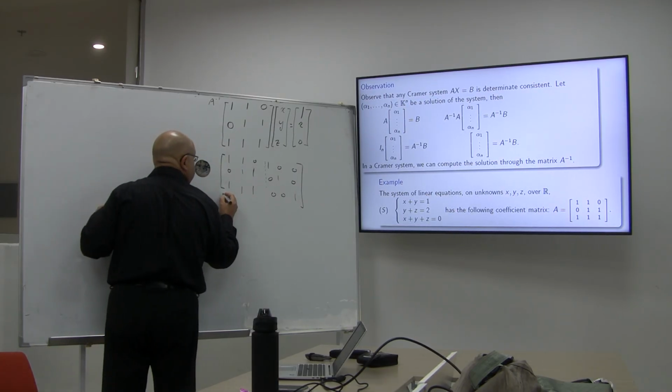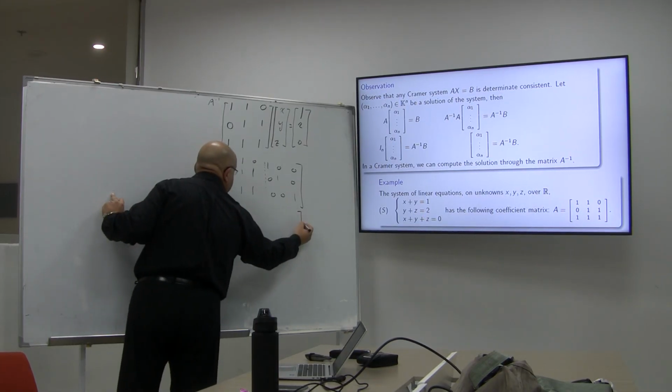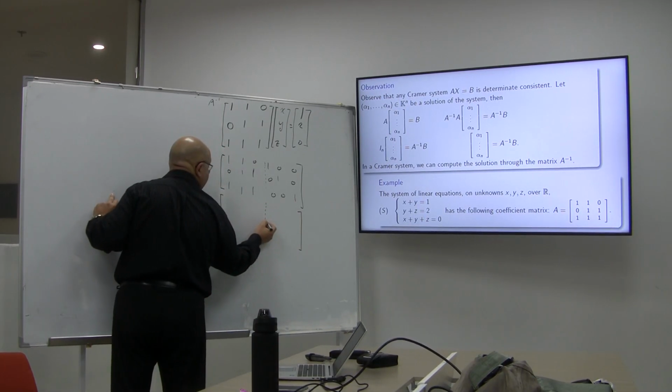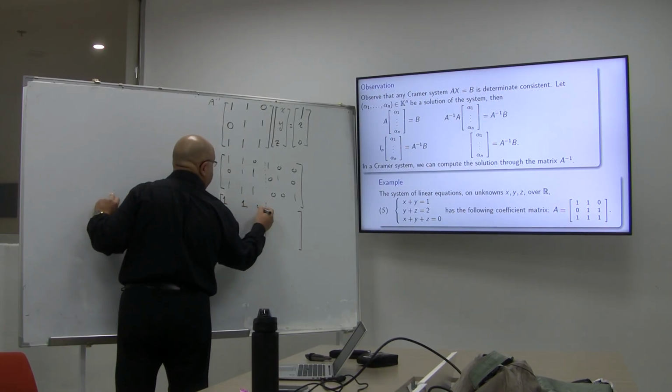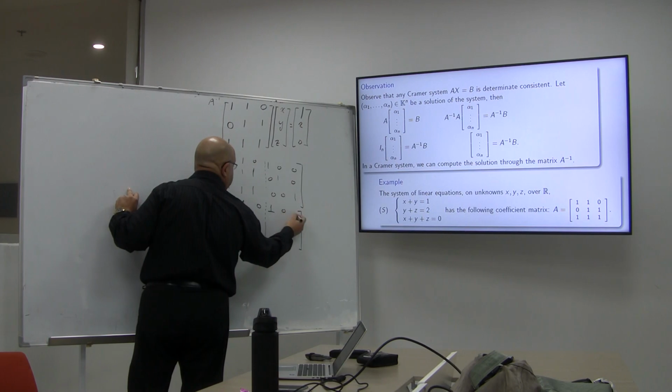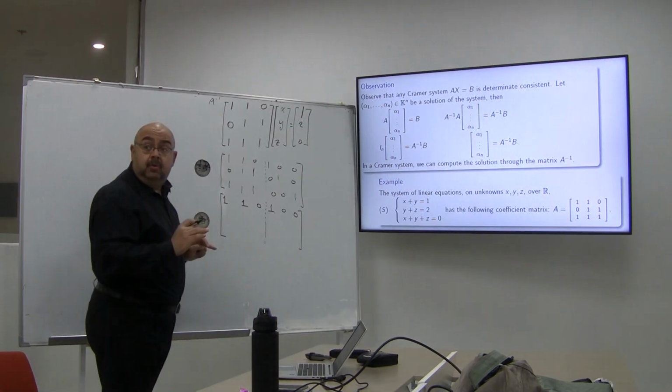So this is going to be the new matrix that I will have. I will write the first row as it is, 1, 1, 0, 1, 0, 0, then multiply by -1 and add on the second row.